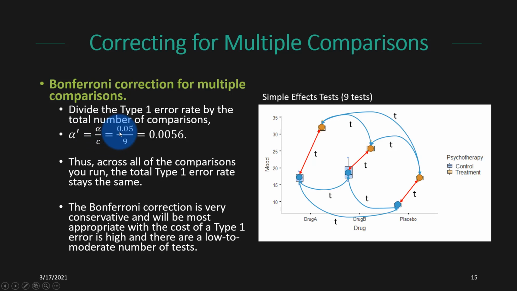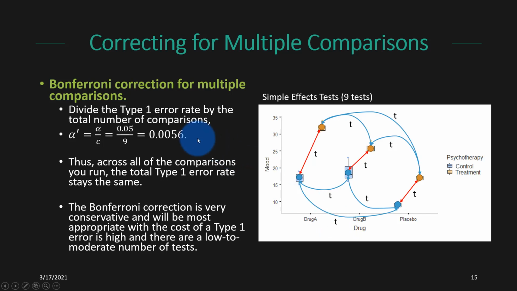So if our original alpha was 0.05, we divide it by the 9 comparisons that we're going to make here, our new alpha level is 0.0056, which means then the p-value for any of these individual t-tests over here has to be less than 0.0056 before we're willing to say that it's statistically significant.